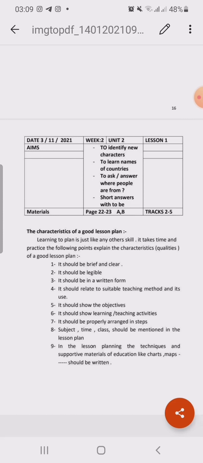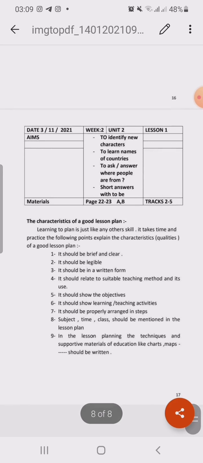Number 2. It should be legible. It should be in a written form. It should be related to suitable teaching methods and their use.